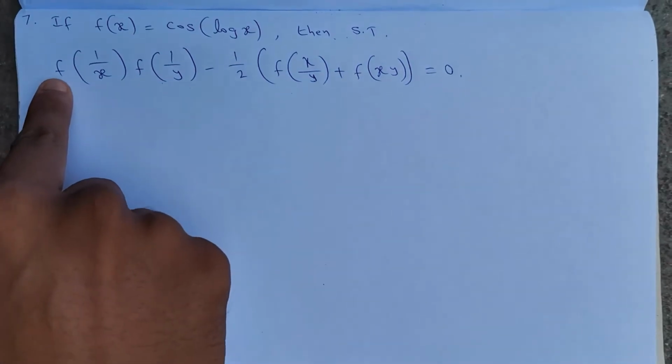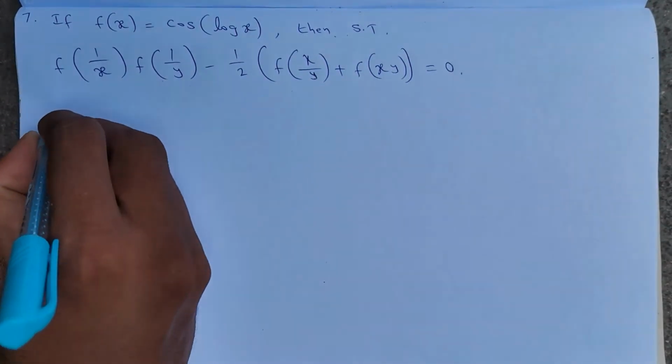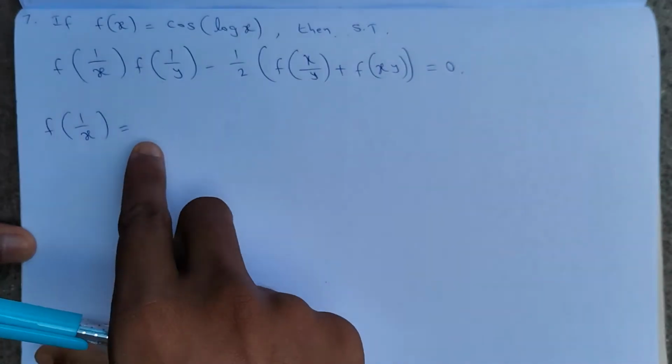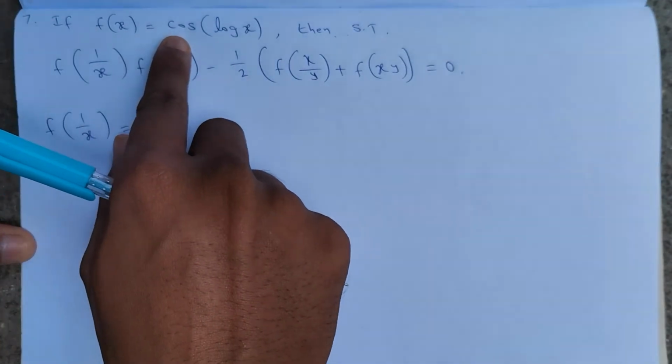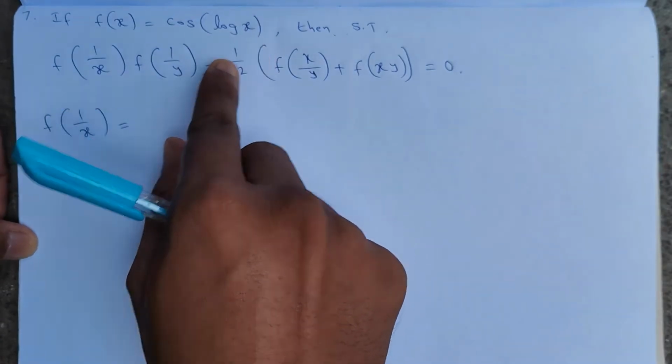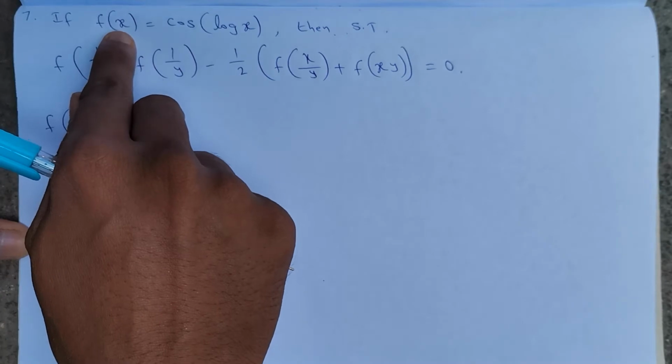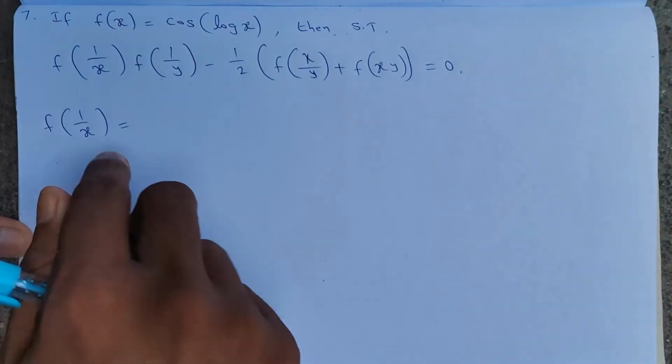First I will solve f of 1 by x. Here in the question, f of x is equal to cos of log x, and we want f of 1 by x. It's very simple. In the place of x, we need to substitute 1 by x.